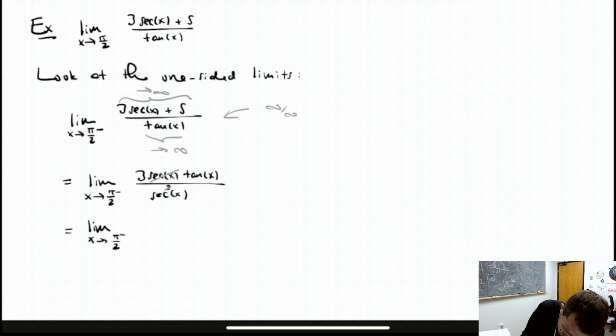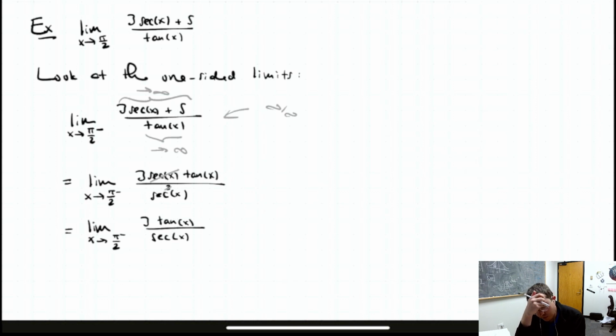So I have tangent over secant. What to do about that? Well, you'll notice if I plug in pi over 2, well, I can't. It's undefined. This is still an infinity over infinity.